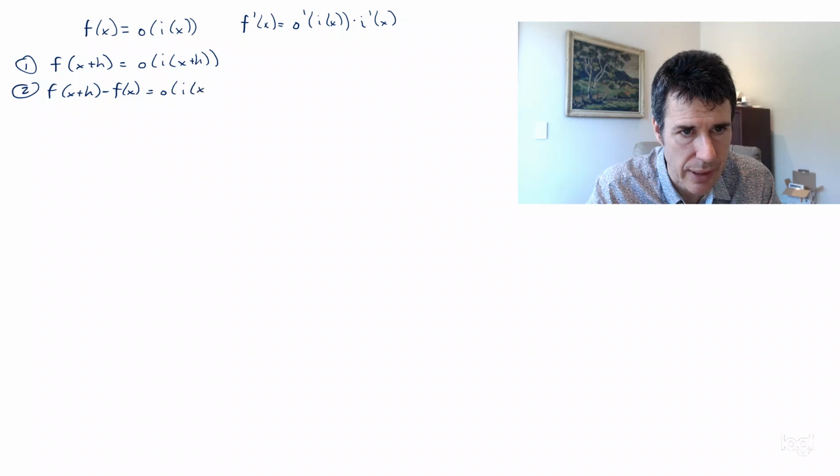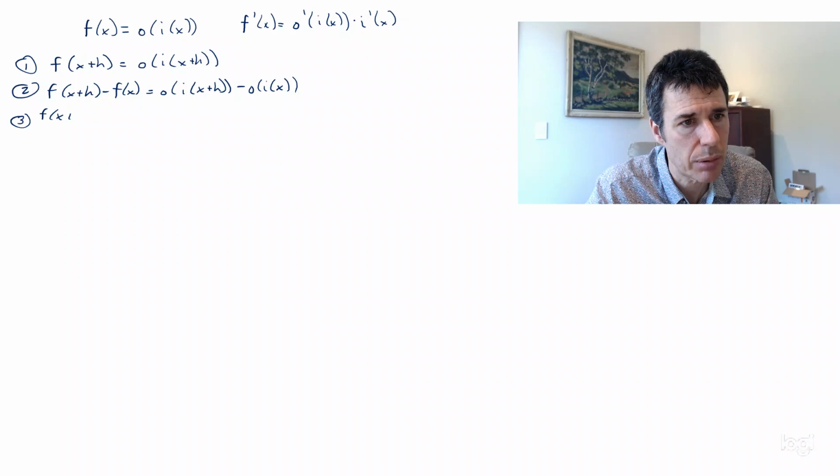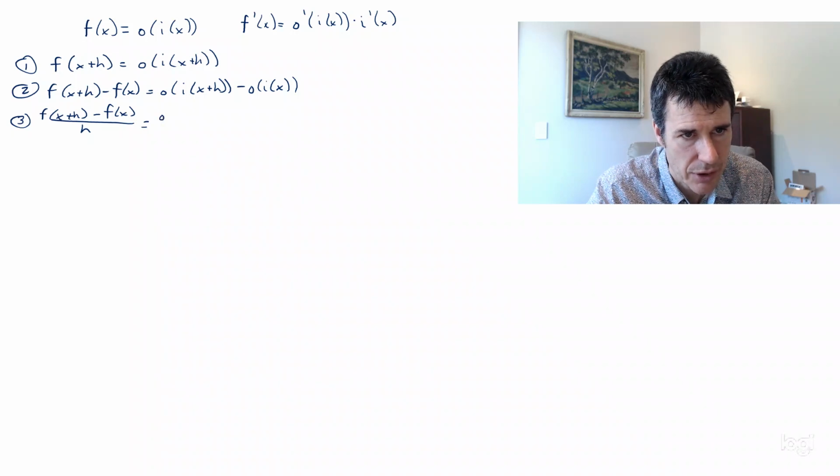O of I of x plus h minus O of I of x. Step 3, f of x plus h minus f of x divided by h, which is O of I of x plus h minus O of I of x divided by h.